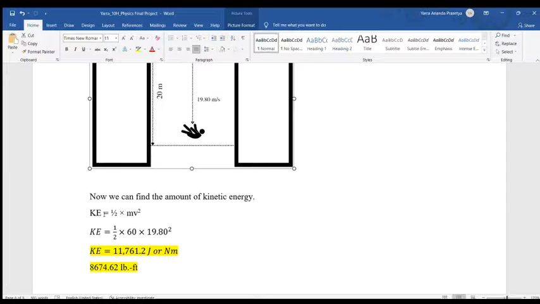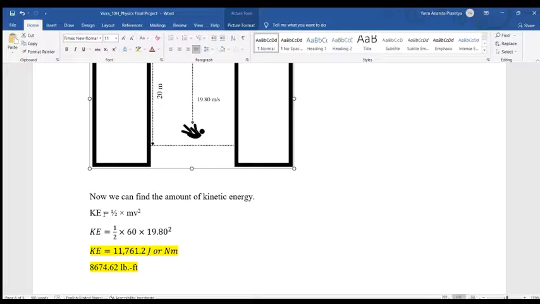Now we can find the amount of kinetic energy she will be carrying. So the formula will be KE, kinetic energy, equals 1 over 2 times mv squared. So m is mass and v is velocity. We already know that Triss weighs about 60 kilograms and that she's traveling at about 19.80 meters per second.